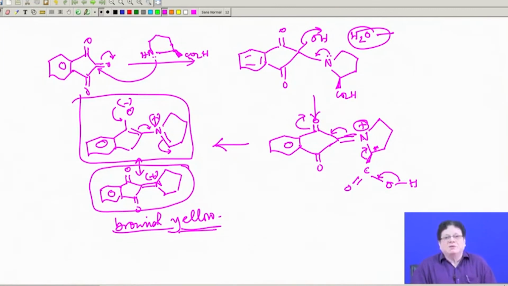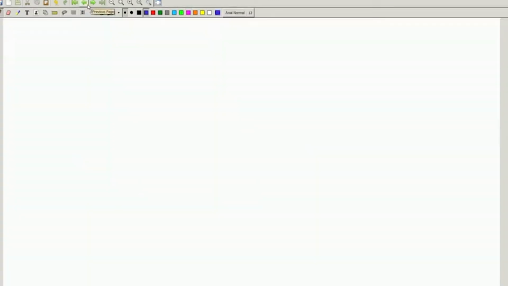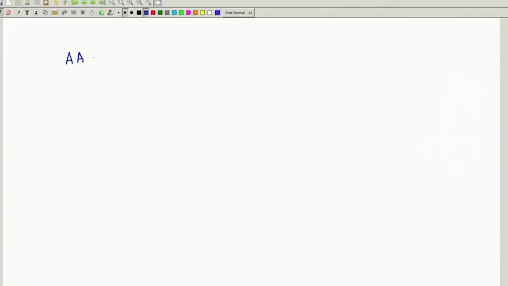So, that ends the detection issues of amino acids, and next we will go to the synthesis of peptides, how these building blocks are added one after another. We know that amino acids combine, AA1 and AA2.